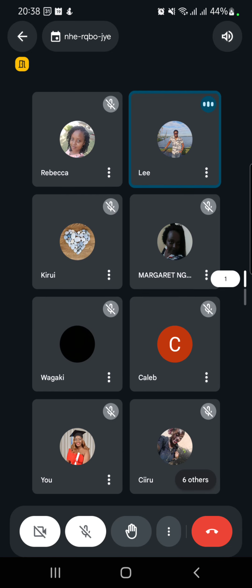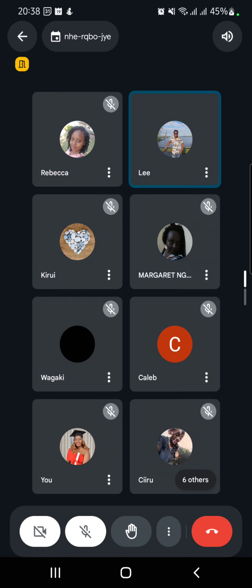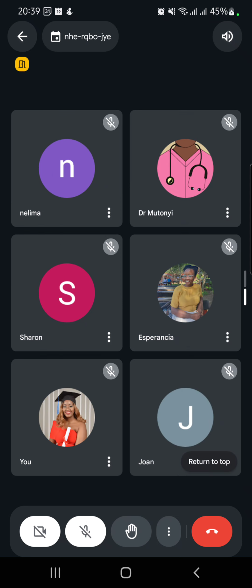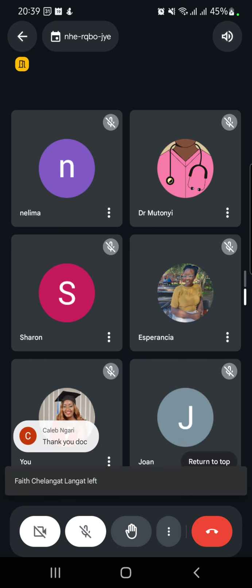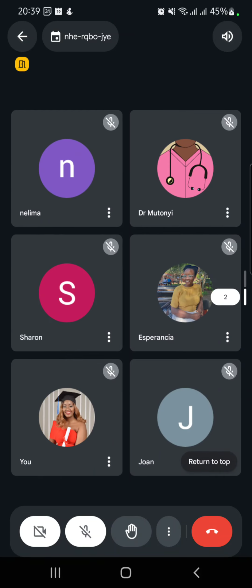Dr. Onjiro, Paula has asked if there are any special requirements for mechanical ventilation in the pediatric population. Are you able to answer, Dr. Onjiro?